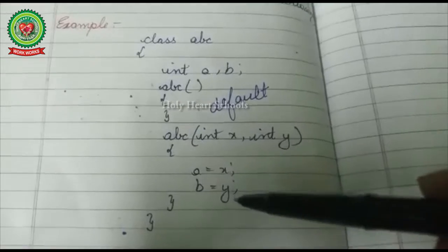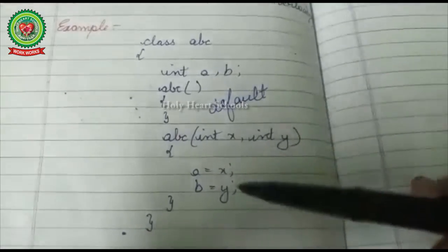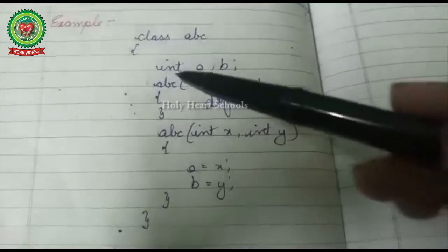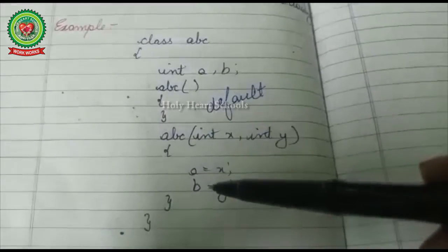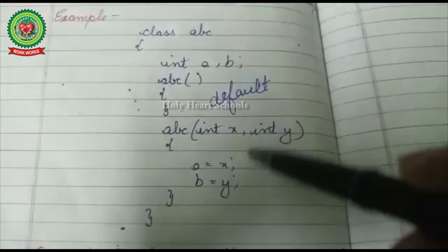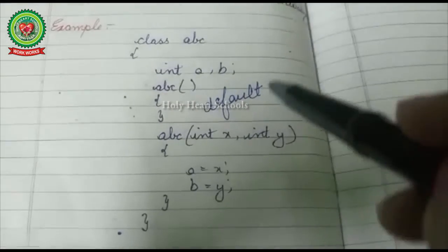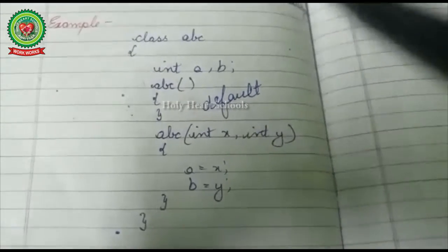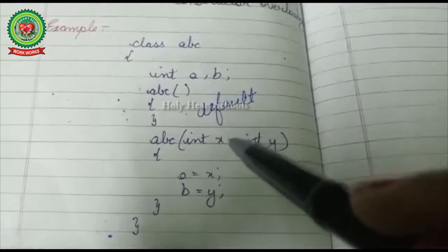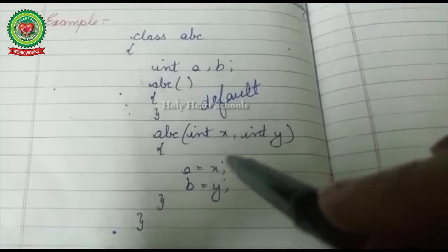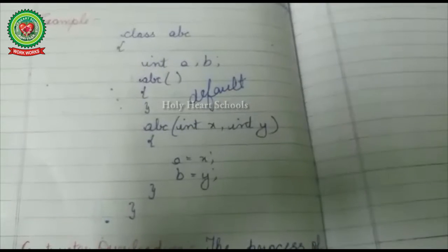So students, you are able to see that in one class, in a whole program, I have created two constructors. This is known as constructor overloading, meaning using the same constructor name as many times as I want, but with different parameters.